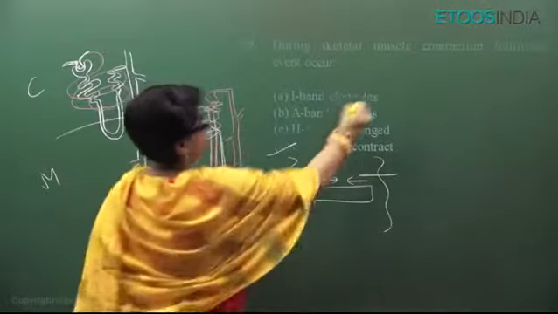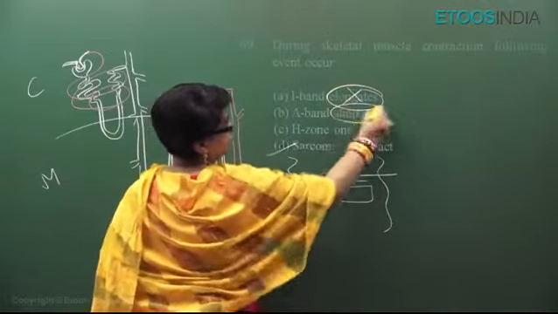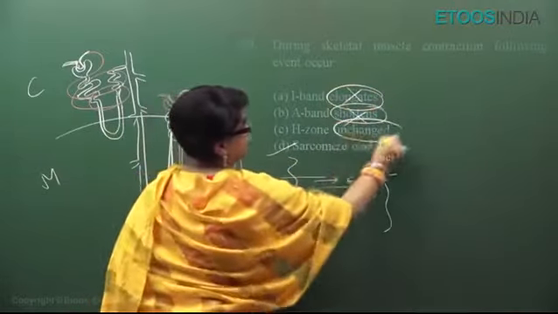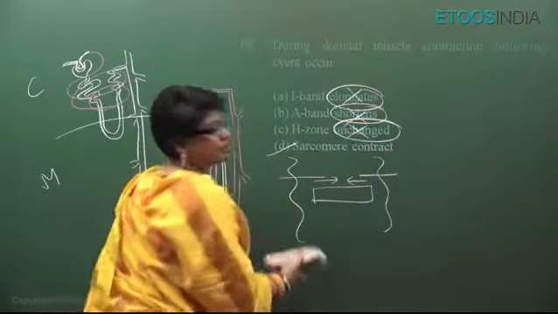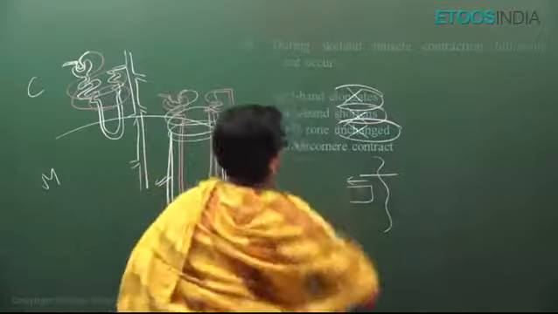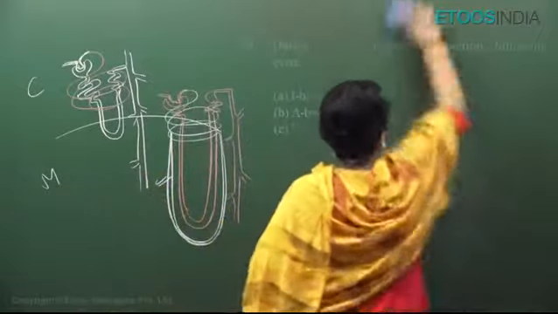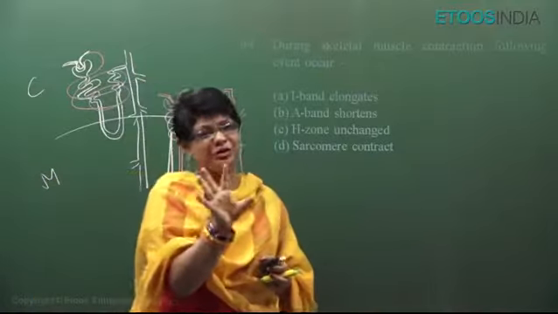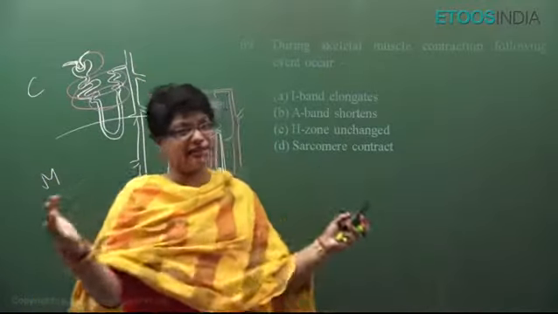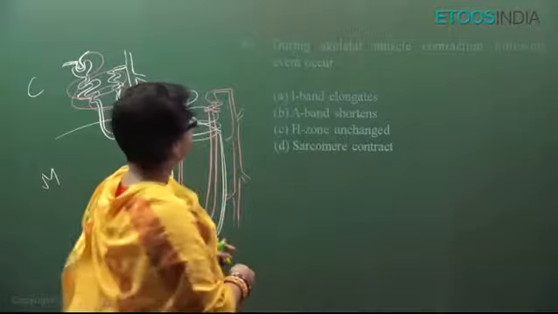The only correct statement is that the sarcomere shortens. This is true. All others are false. A band is constant, all other things shorten. And the length of actin and myosin will be the same. They are just sliding. Actin is just sliding over myosin.